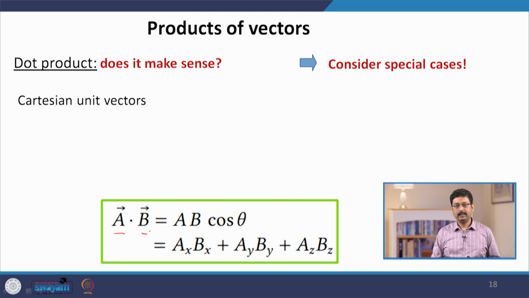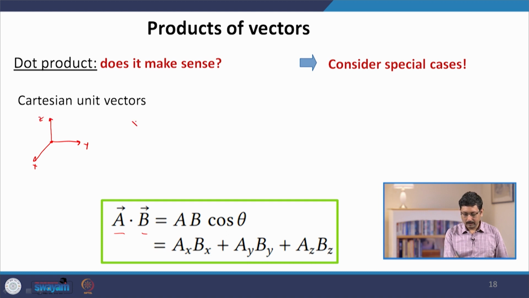So, let us take the unit vectors. These are easy cases because the magnitude is 1. For simplicity, I am going to take the Cartesian unit vectors. Suppose this is my origin and I am choosing a Cartesian coordinate system to denote these vectors.